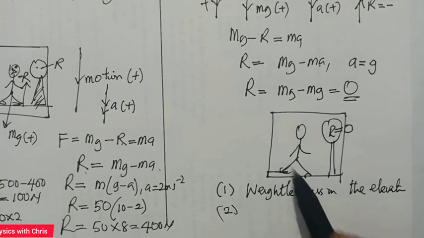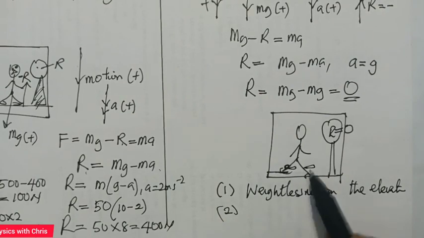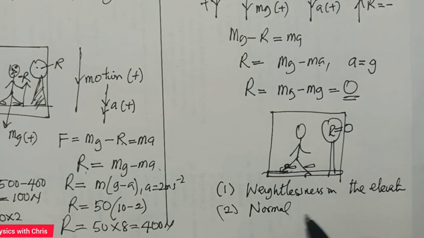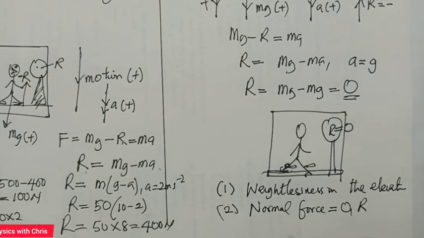So that is what happens when the reading on the instrument is 0. Now, the second case is that the normal force is 0. It means that the feet of the boy have lost contact with the floor of the lift.